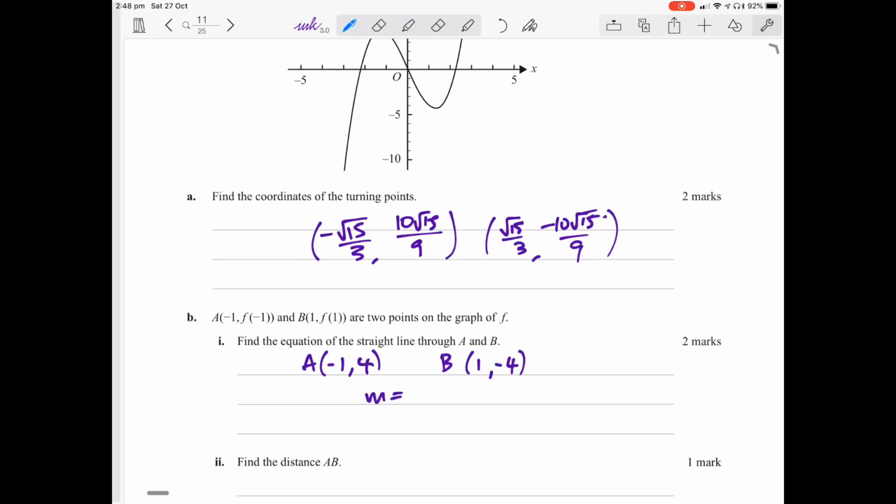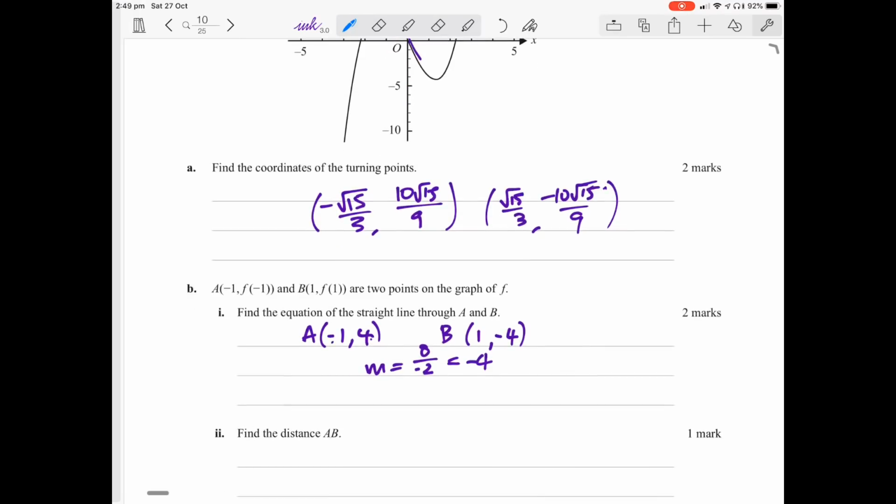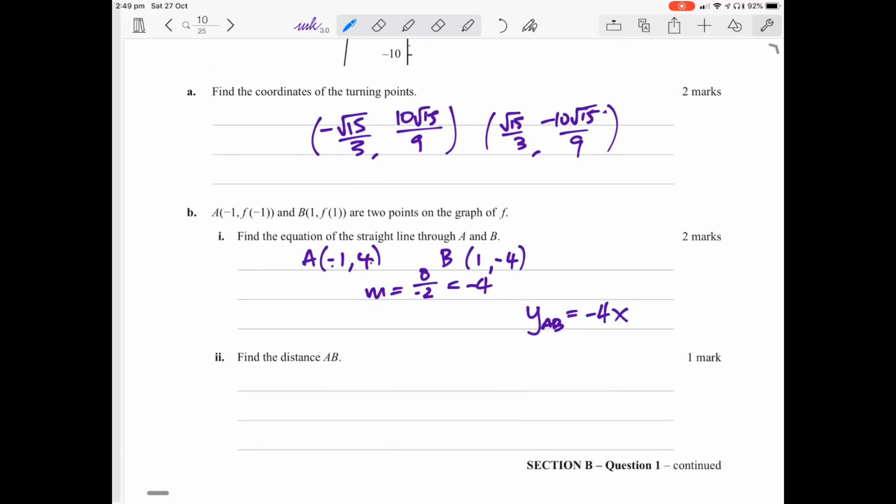So m is 4 minus -4, which is 8, on -1 minus 1, which is -2. So our gradient's -4. It's going to go through the origin. So y between a and b is -4x.